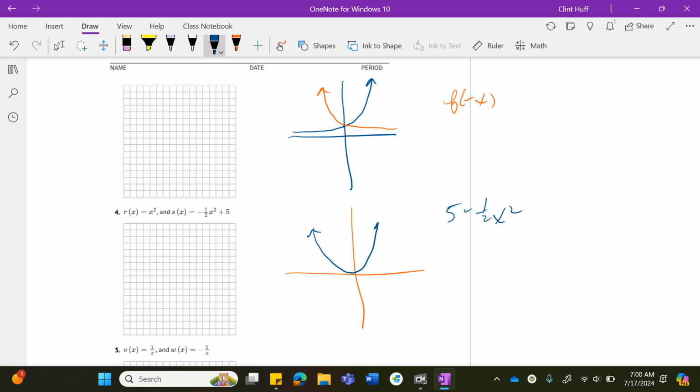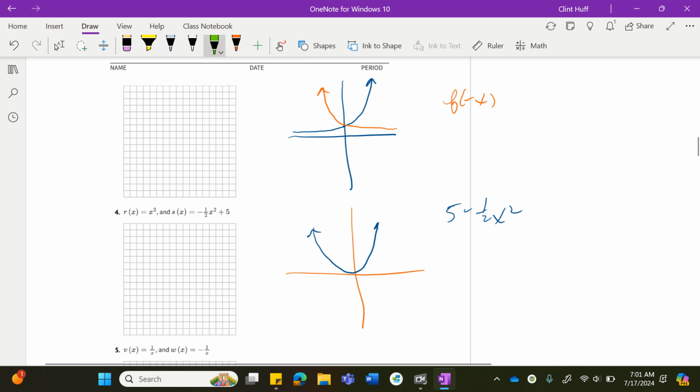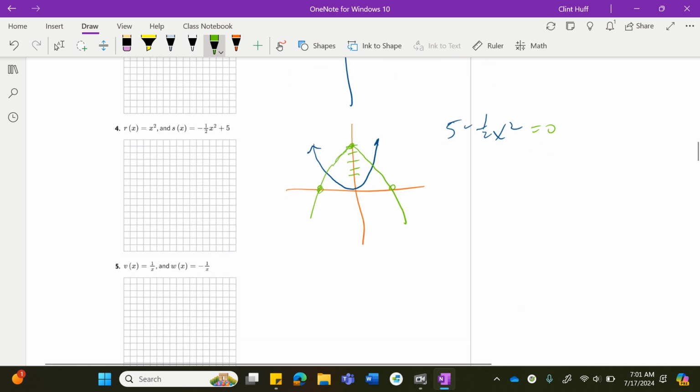So the negative 1/2 is going to flip the graph, and then the vertex is going to change to the position (0, 5). Let's do this in a different color. We go 1, 2, 3, 4, 5 up in here, and then we'll be opening downward. Set that equal to 0 and solve, you can get your x-intercepts. Doesn't say to do that in the directions.